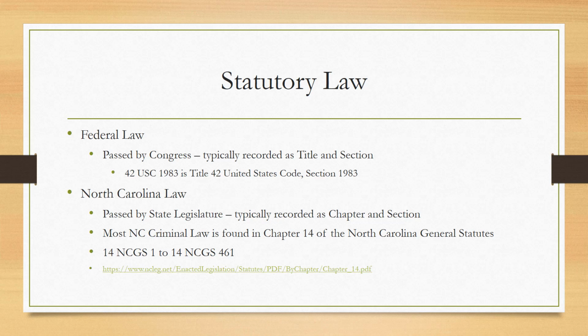There's some up in 20. There are basically a few small pieces scattered around: motor vehicle law, a little bit of environmental law, parks and recreation, if you will. But the bulk of it is in Chapter 14, certainly most of what we would be concerned with. And there is a link there, if you want, to the PDF of Chapter 14.